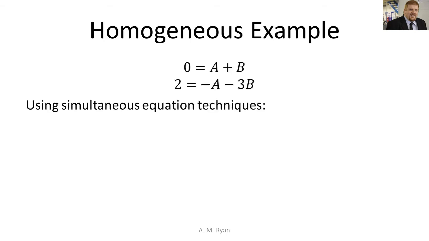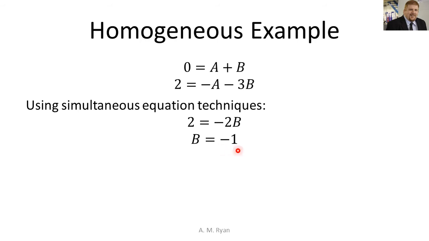So now we need to use simultaneous equations to solve these two equations. They're quite straightforward because we already have one lot of a in both equations, just one happens to be negative. To get rid of that, we add these two equations together. 0 add 2 is 2, a add minus a is 0, and b add minus 3b is minus 2b. So we get 2 is minus 2b, and therefore b is minus 1.